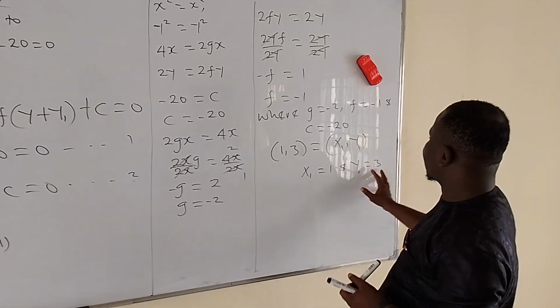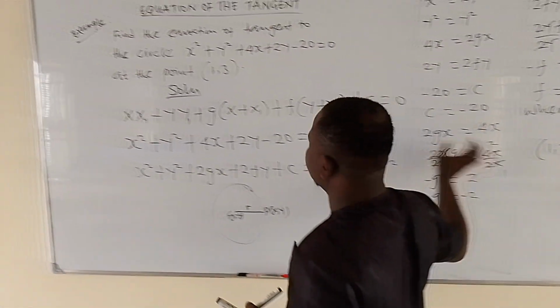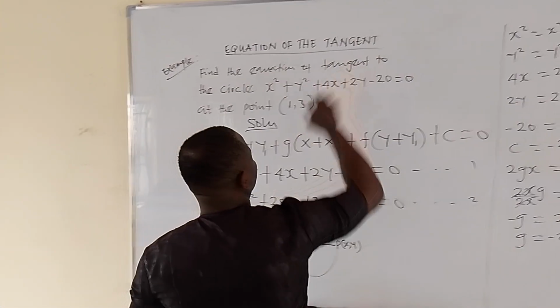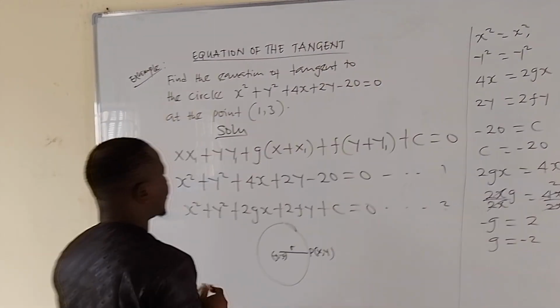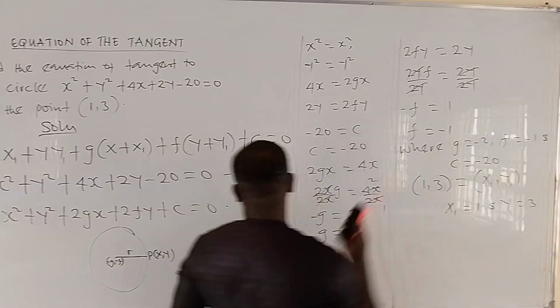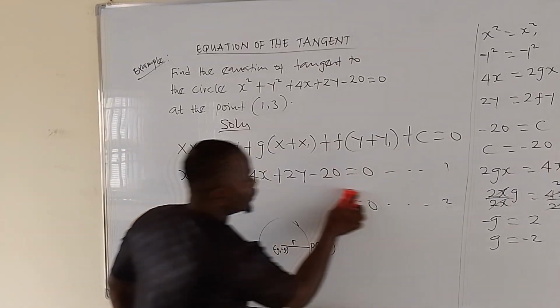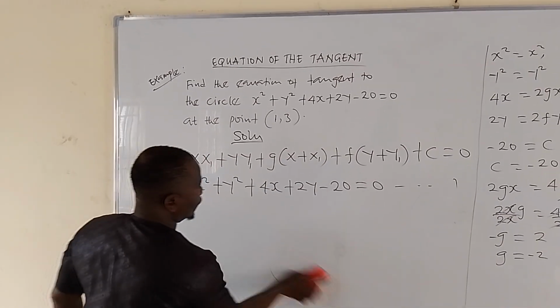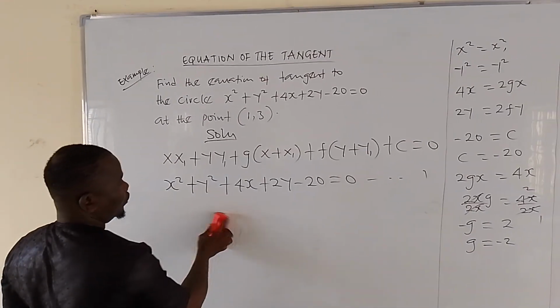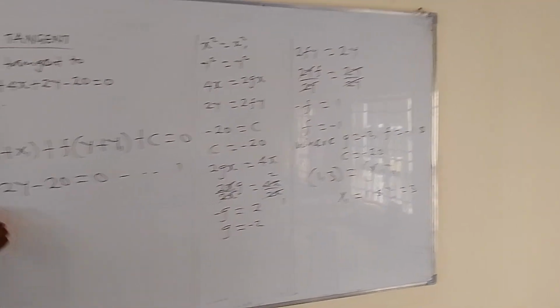So with this, we can now use this one to obtain the equation of the tangent. Is that clear? So let us obtain the equation of the tangent. Let's clean this. Already we made use of this to obtain our c, f, and g.